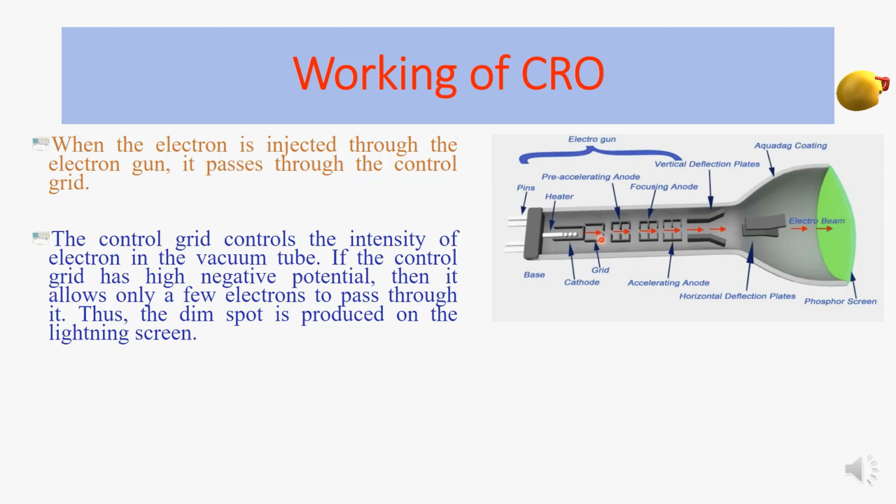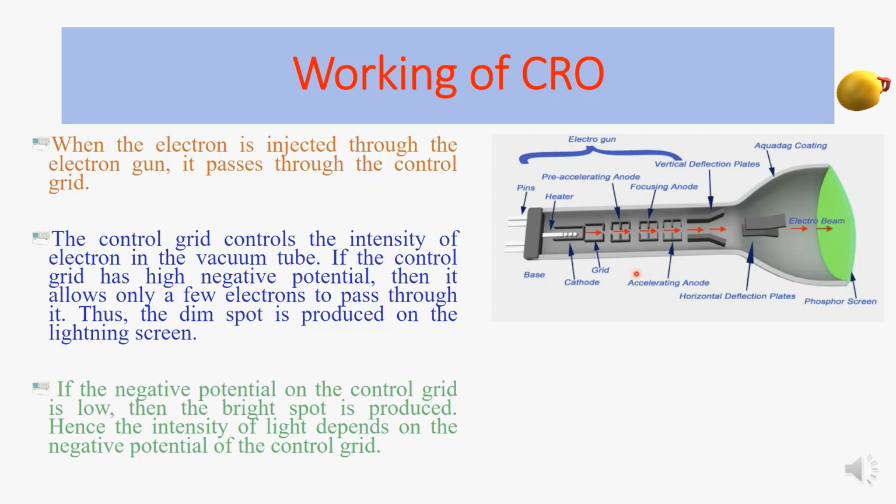If the control grid has a negative potential, then it allows only a few electrons to pass through it. Thus, a dim spot is produced on the glowing screen. If the negative potential on the control grid is low, then a bright spot is produced. Hence, the intensity of the light depends on the negative potential applied on the control grid.